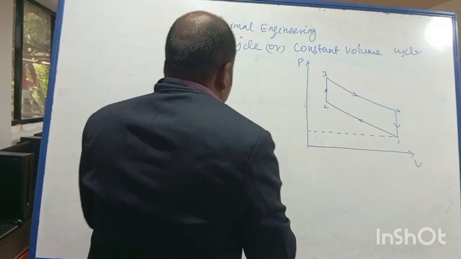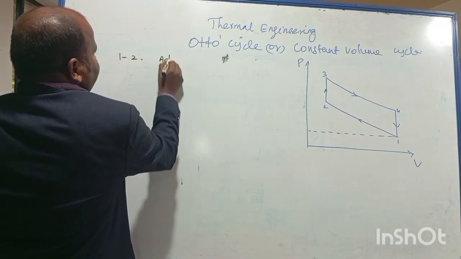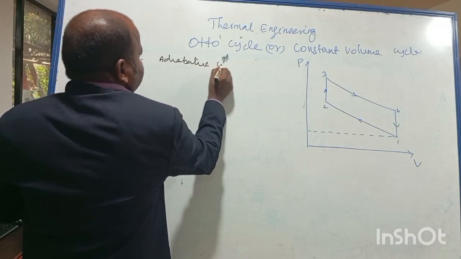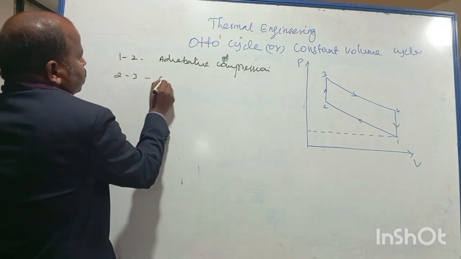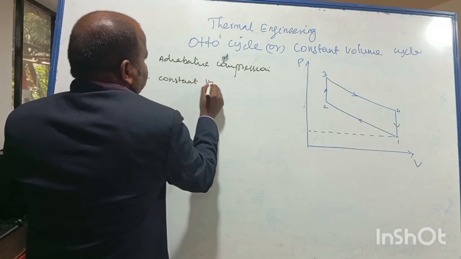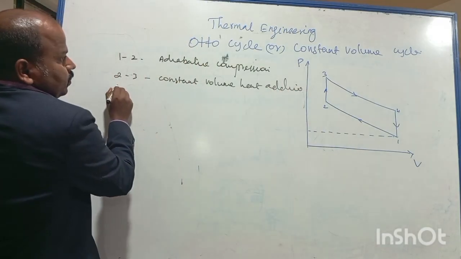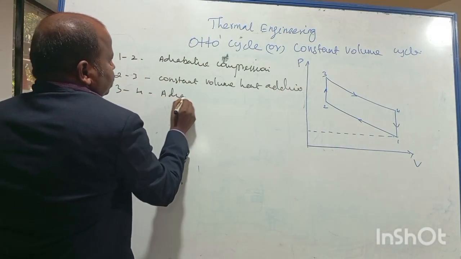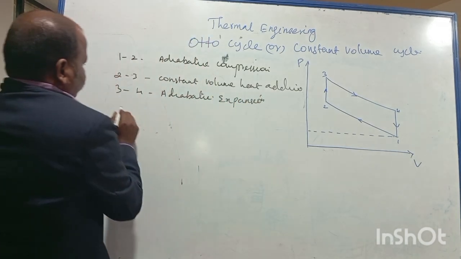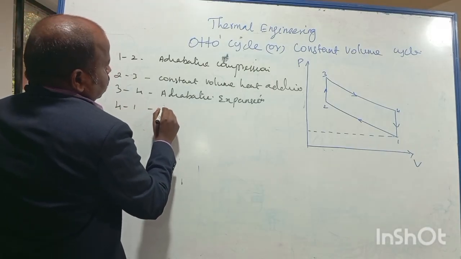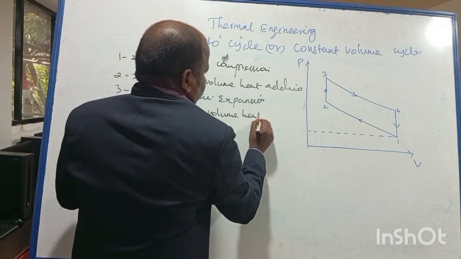So 1 to 2 is isentropic or adiabatic compression. Then 2 to 3 is constant volume heat addition. 3 to 4 is adiabatic expansion, and 4 to 1 is constant volume heat rejection, sorry.